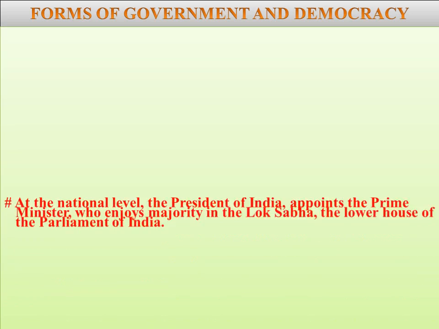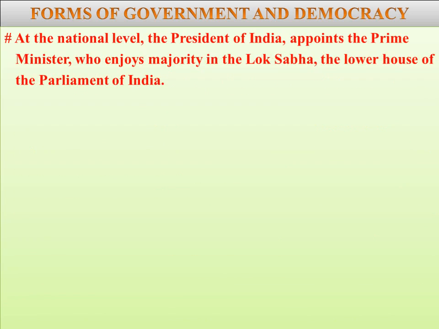At the national level, the President of India appoints the Prime Minister who enjoys a majority in Lok Sabha, the lower house of the Parliament of India. Do you know? The two houses of Parliament are Lok Sabha, called the lower house or house of the people, and Rajya Sabha, the upper house or Council of States.